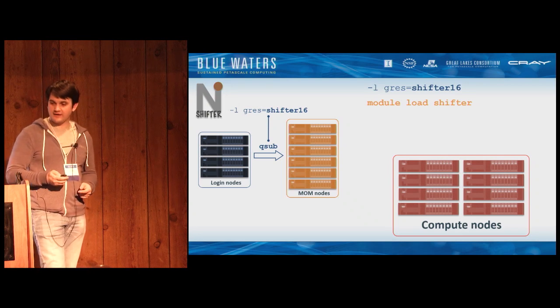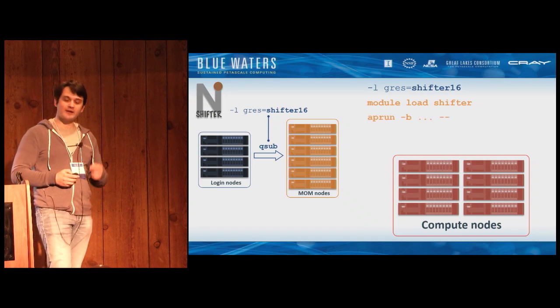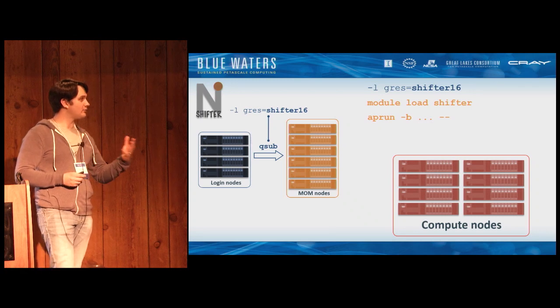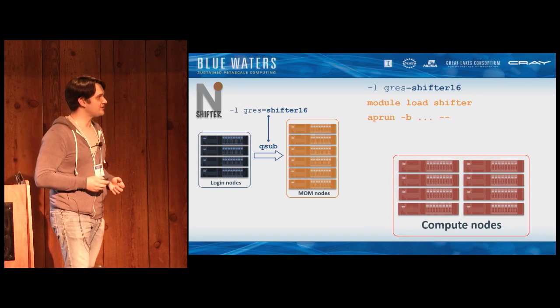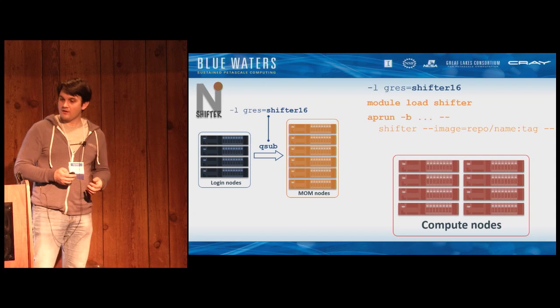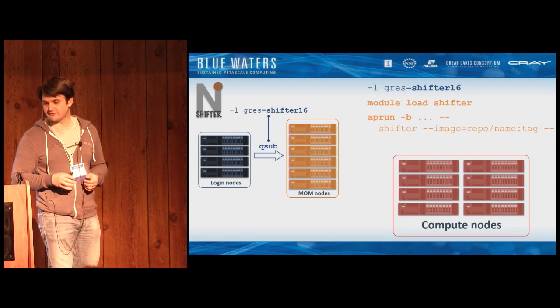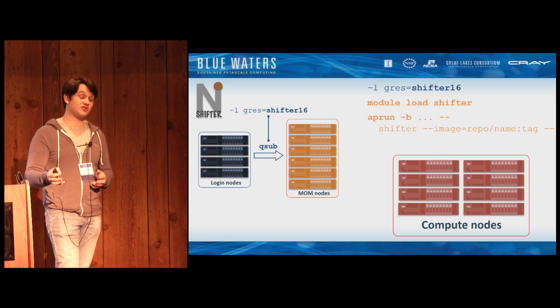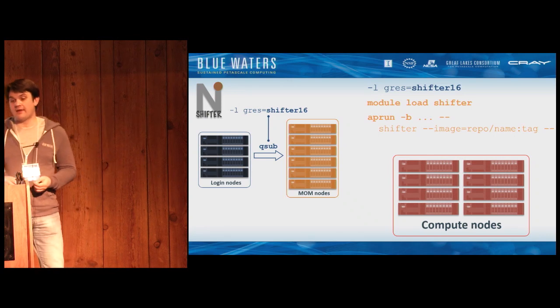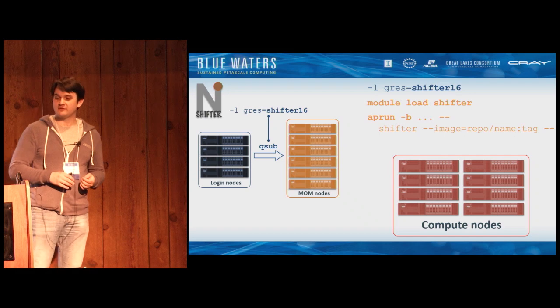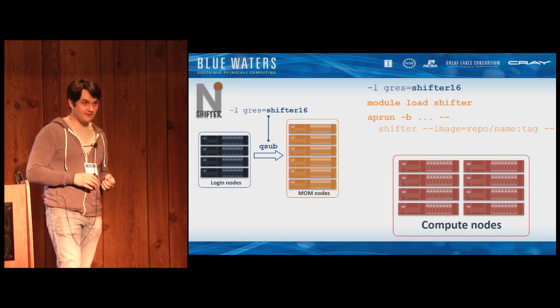So once we load the Shifter module, we can again use the aprun command, and again we use the same -b option. But this time we will use the Shifter executable that is provided by the Shifter module, and we will specify the image using the --image flag.